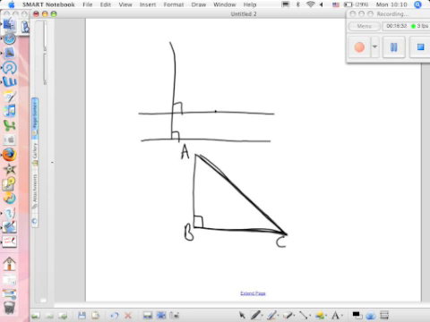Number 6 says, as the number of sides of a regular polygon increases, what happens to the measure of each exterior angle? It always decreases, because you're always going to divide 360 by the number of sides. If that number is getting bigger and bigger, then your solution is getting smaller and smaller. Very good.